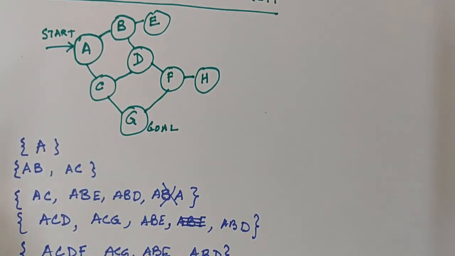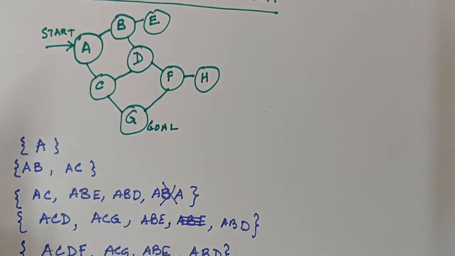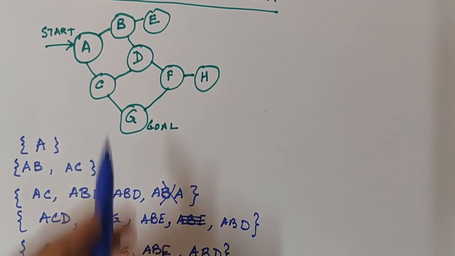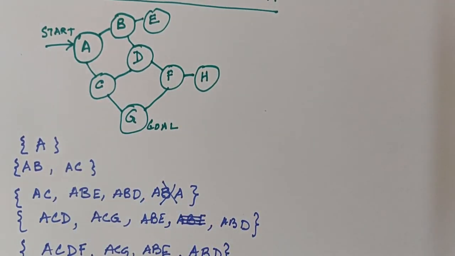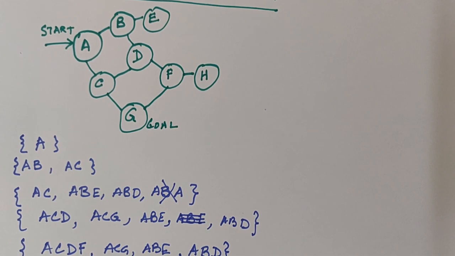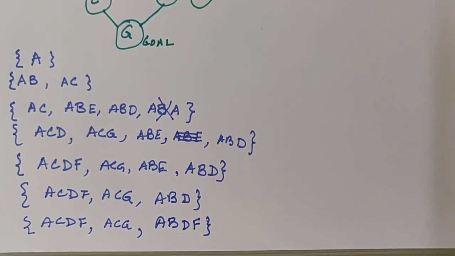I cannot add B also. B and C have been explored, F has not been explored. So I can add the path A, B, D, F to the frontier.